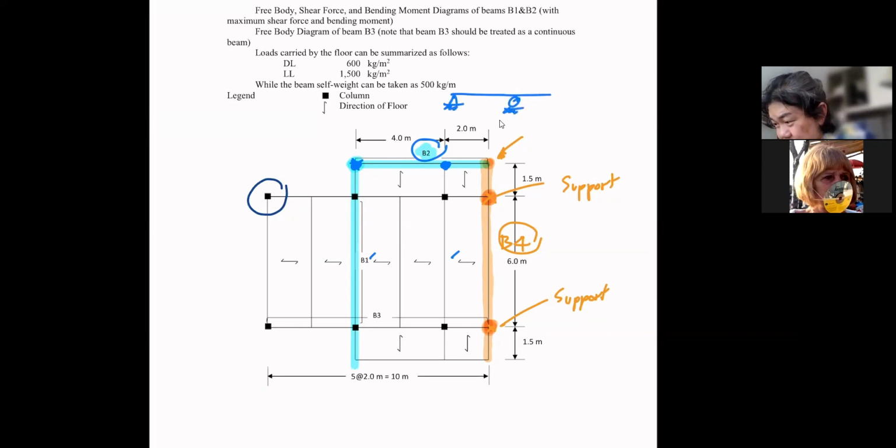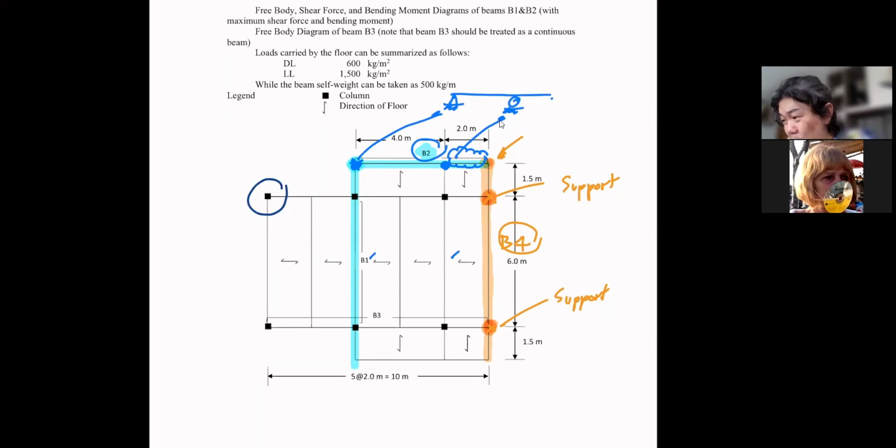With this is the support, and then that is that support. And this is a cantilever portion out of this one that does not support B4.